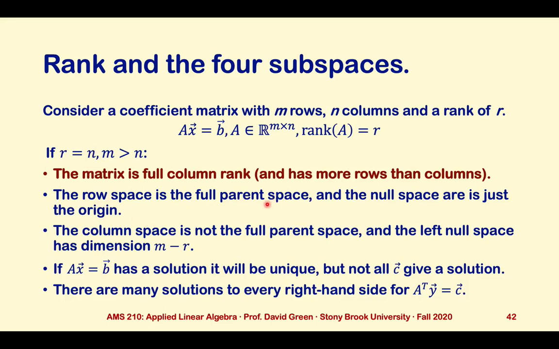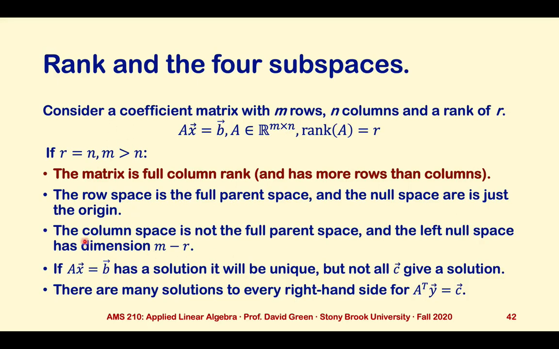If the row space is the full parent space, the null space has to just be the origin. But the column space, which lives in Rm, but still has dimension r, is not the full parent space. The left null space is not the origin, and has dimension m minus r.